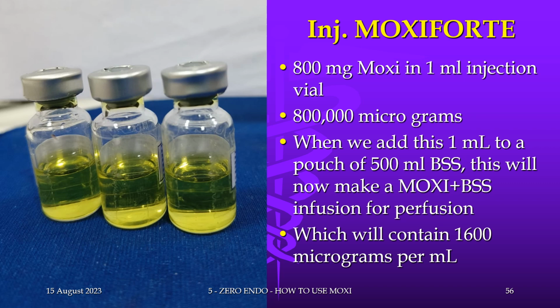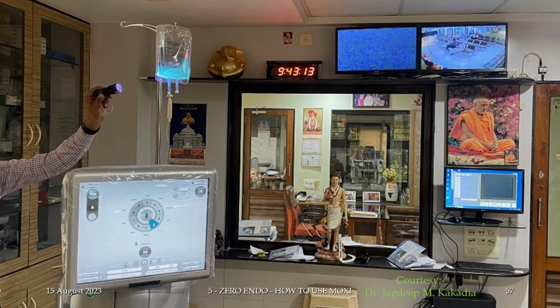At present, we are working with one big, well-respected and well-reputed pharma company which specializes in making IV preparations. They are likely to make available 1 ml vials containing 800 mg or 800,000 micrograms of Moxi. We call this Moxifort. We can add this 1 ml Moxifort into a 500 ml BSS pint from the side port, so that this BSS is now going to contain 1600 micrograms of Moxifloxacin per ml.